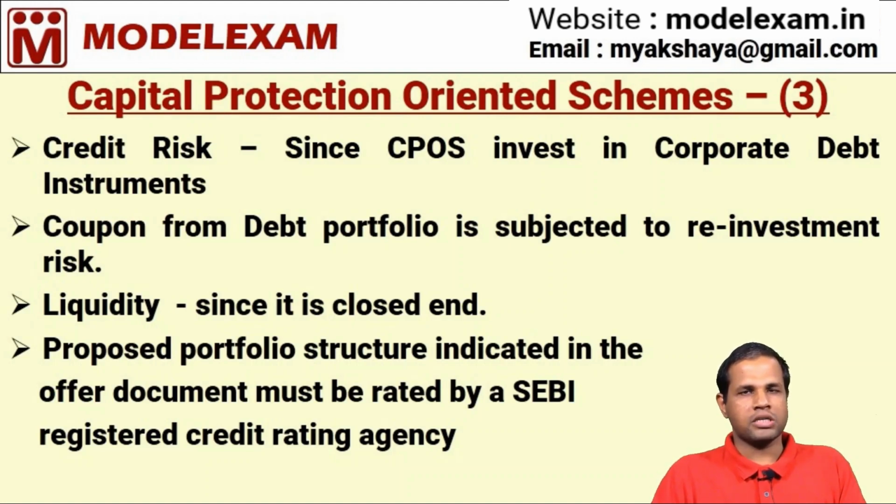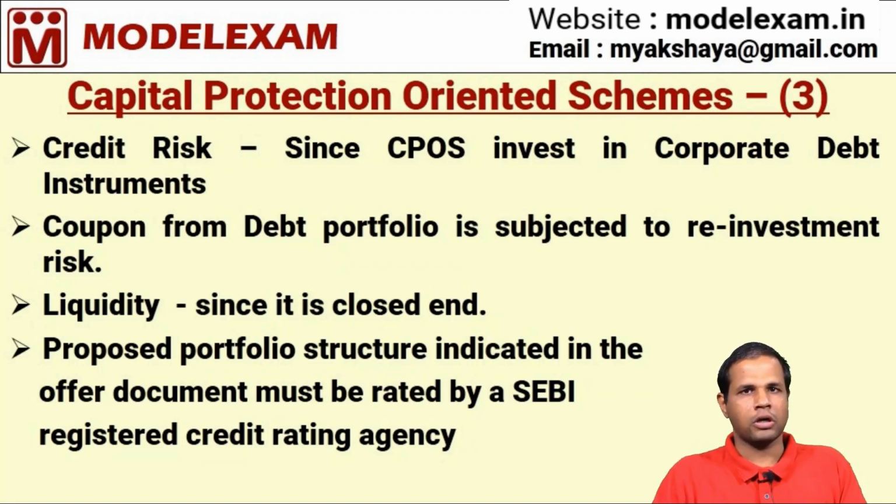And also we should understand that these schemes are essentially closed-end in nature. That is, after the NFO, these schemes shall be listed in the stock market. So this poses a liquidity risk. That is, if the investor wants to redeem units, he should sell units through the exchange platform.